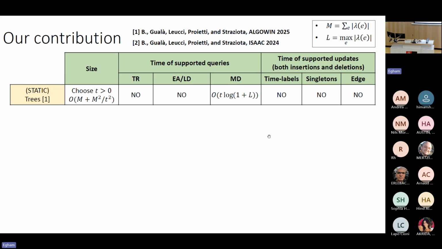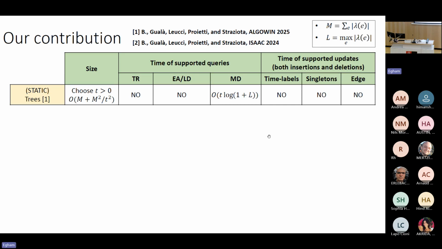And if we consider the other extreme case in which we choose t to be equal to capital M, then we get an oracle which is very sparse, but it has a poor query time because it's at least linear in the size of the oracle. In fact, in this case, we do nothing. We just store a copy of the tree, and we run the most time-efficient algorithm that is known for computing a minimum duration query on demand.